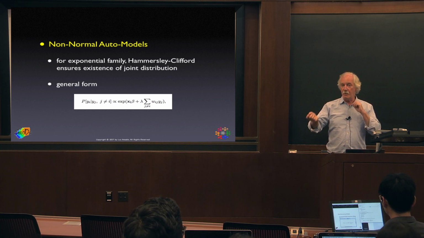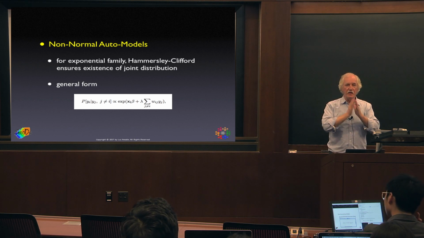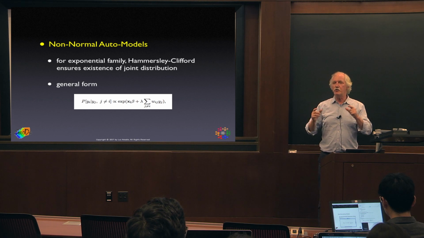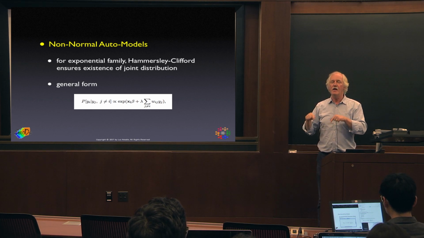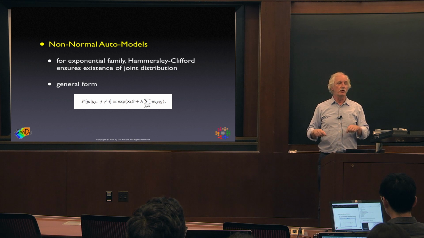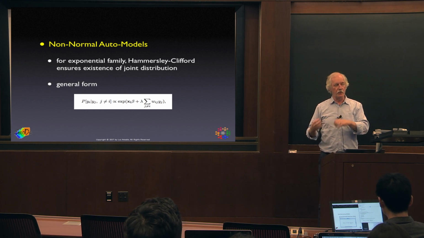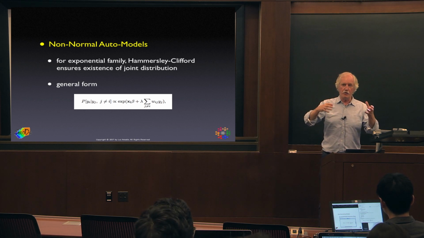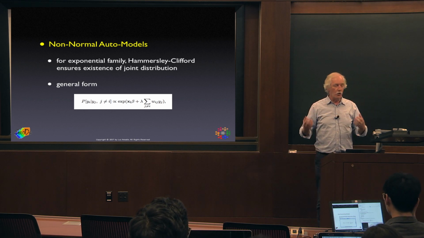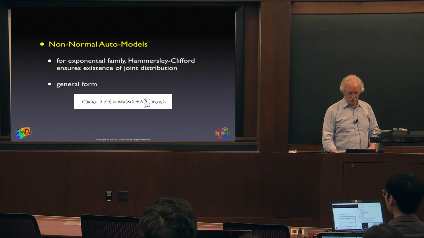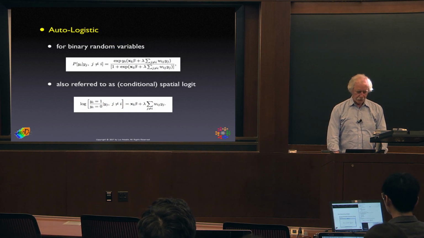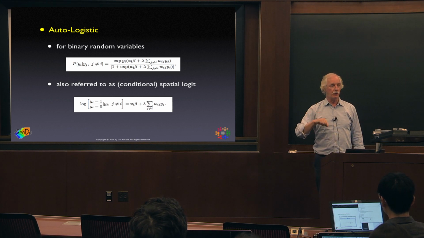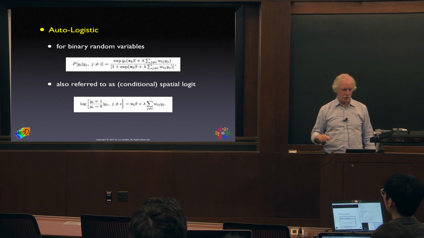So this is the general form, and then the specific form depends on the distribution that you're working in. But remember, typically, the moment you leave the normal world, the Gaussian world, the joint distribution is not of the same family as the conditional distribution. So you start with Poisson for the conditional, the joint is not. You start with negative binomial, the joint is not. You start with logit, the joint is not, right? Which is different from your standard econometrics, where you work with the joint distribution, not with the conditionals, right?